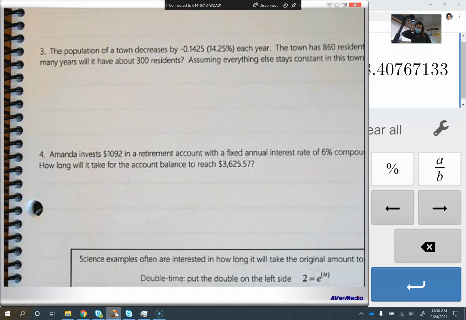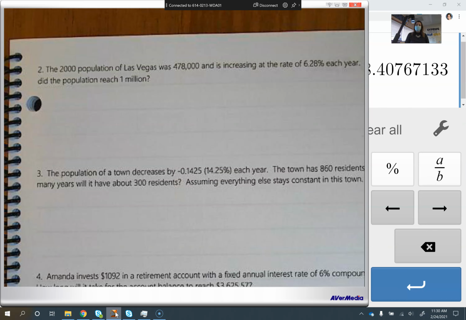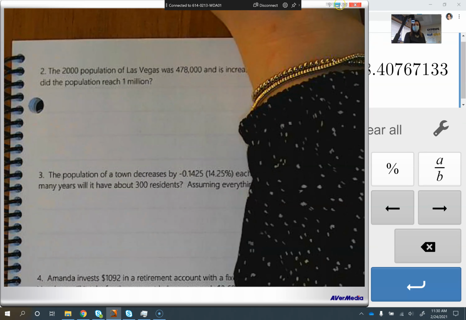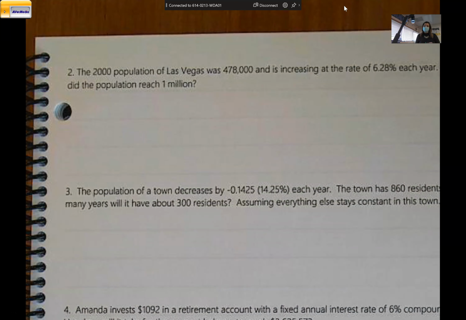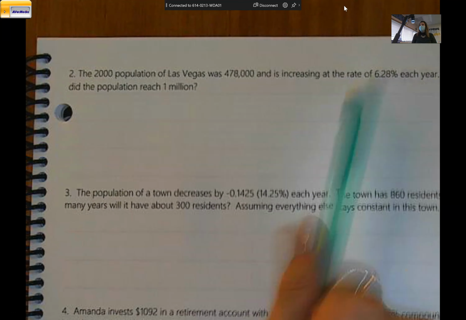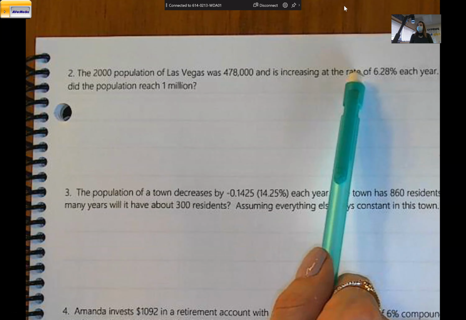Okay, number 2. Instead of having an element like strontium, we have a population. So the 2000 population of Las Vegas was 478,000 people, and it is increasing at a rate of 6.28%.